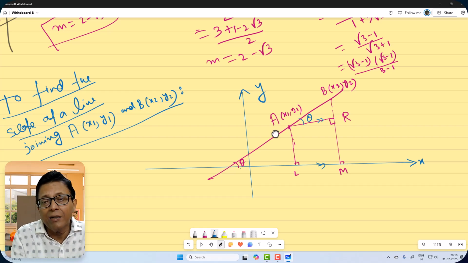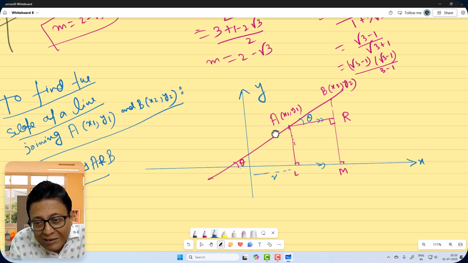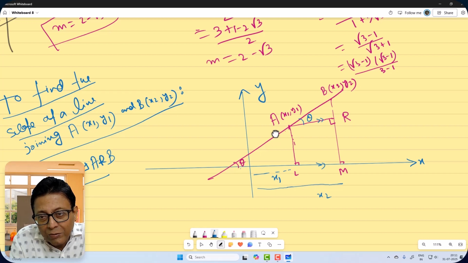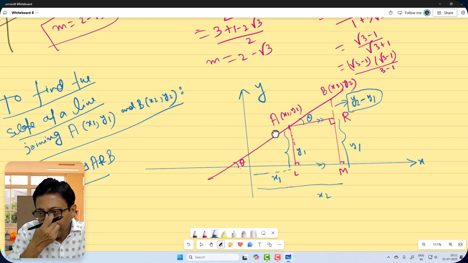Now in triangle ARB, this part is x2 minus x1, and this part is y2 minus y1.